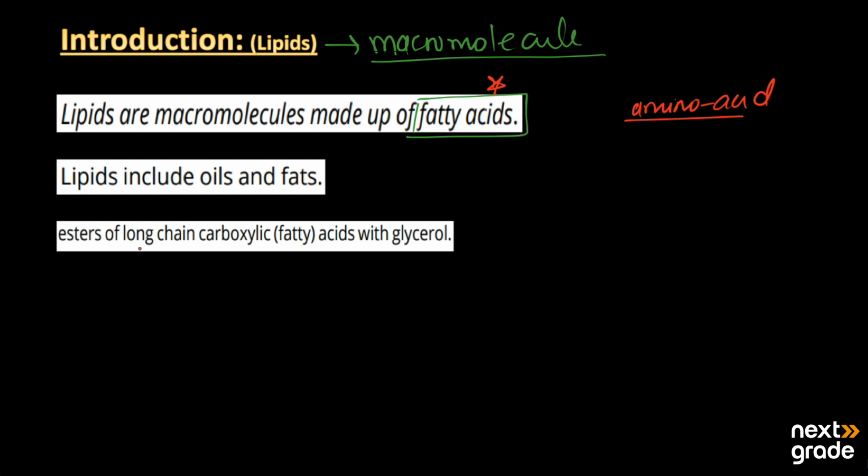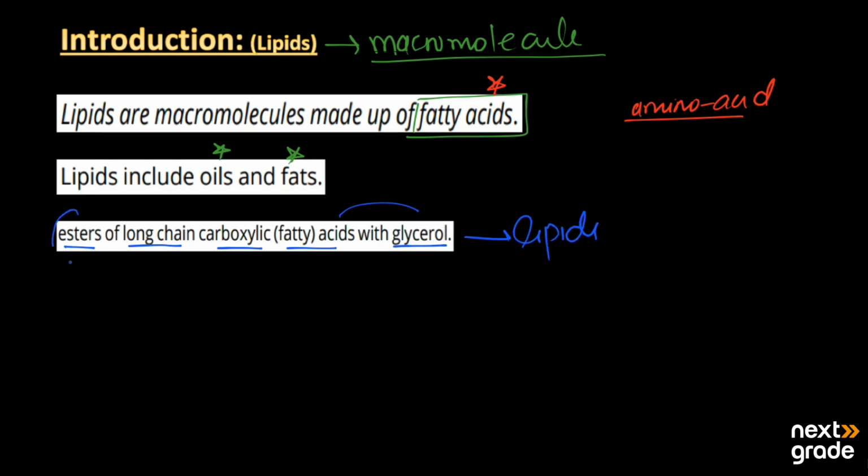Lipids include two types. The first one we have is oils, and the second is fats. Fatty acids mainly combine to make the lipids. They are the esters of long chain carboxylic or fatty acids with glycerol. When the fatty acids combine with glycerol, they make up the lipids.